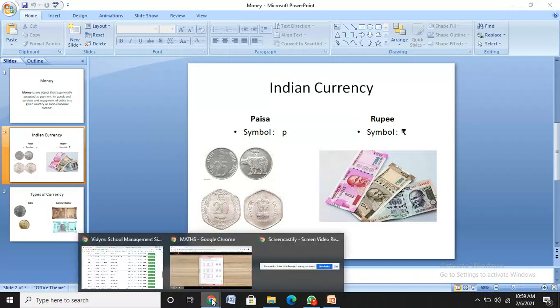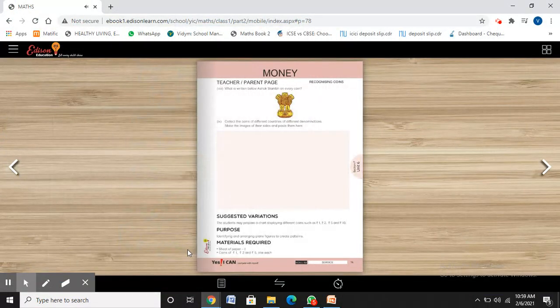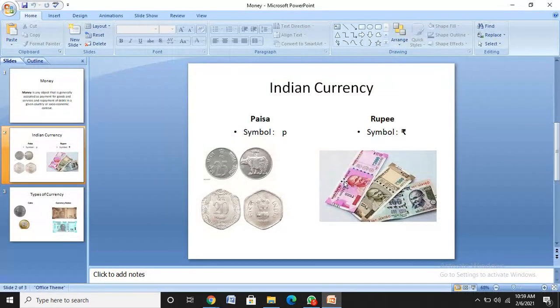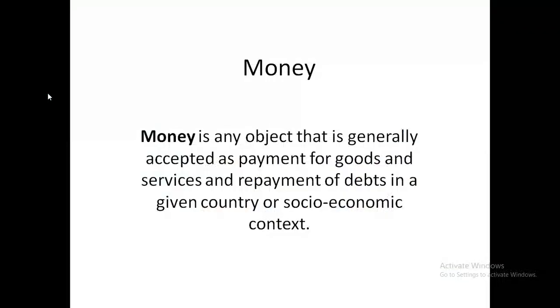You have traced page number 77, then page number 78. We have talked about the Ashoka stamp. Every coin has an Ashoka stamp, and every note also has an Ashoka stamp. See here, I will show you.